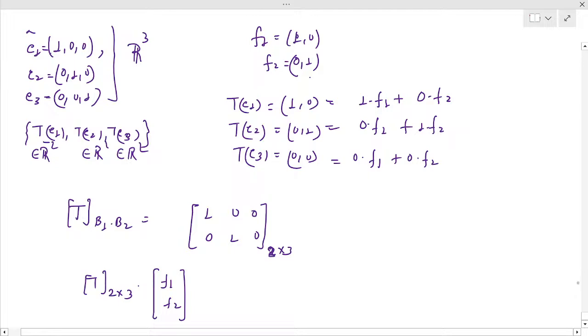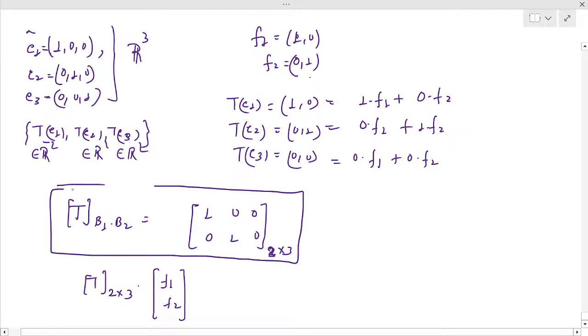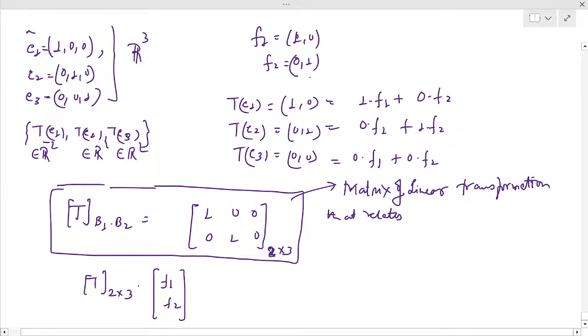Okay, so everybody is saying no. Okay, so I hope it is clear. This particular matrix is called the matrix of linear transformation that relates B1, B2.